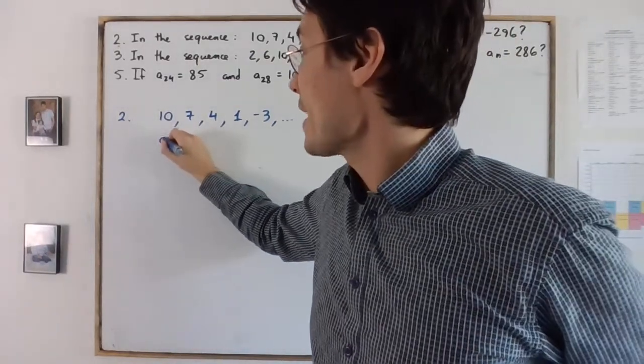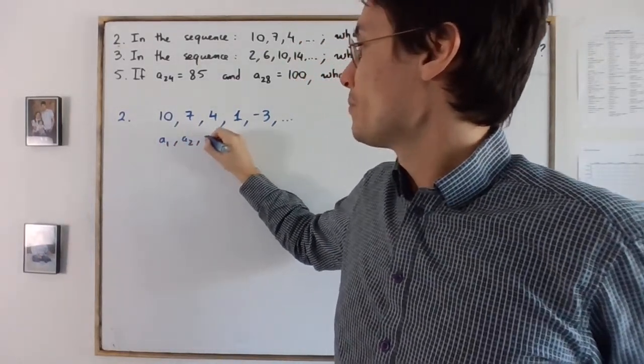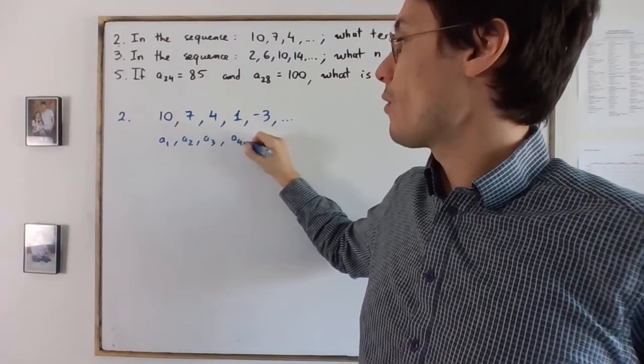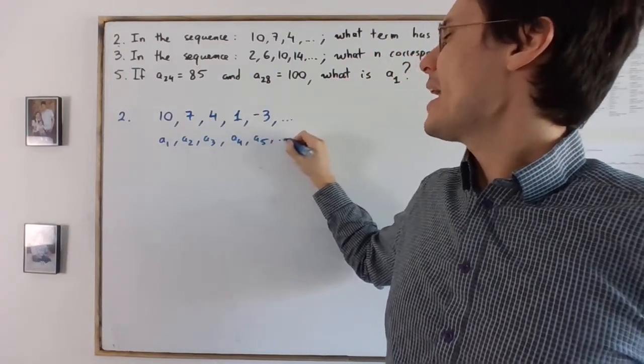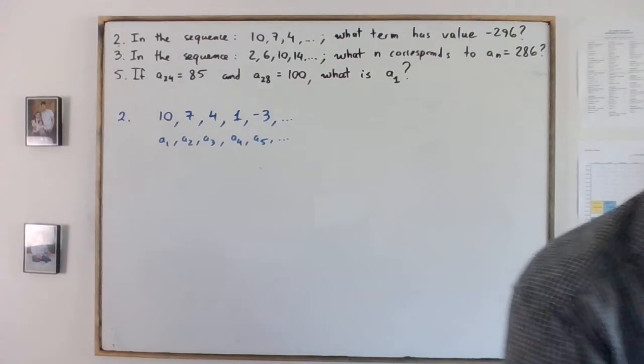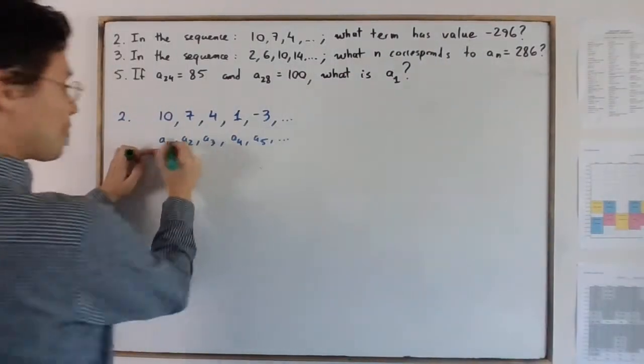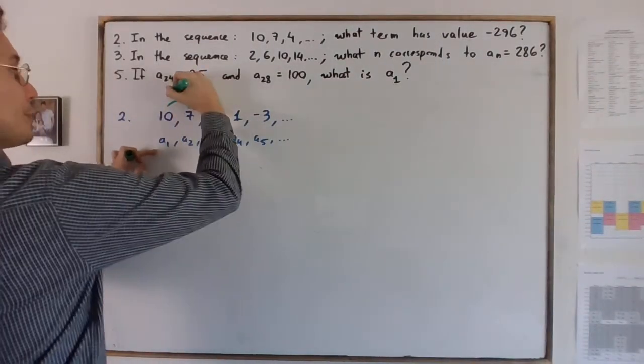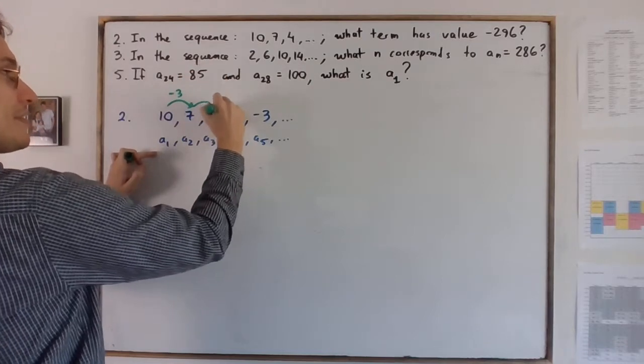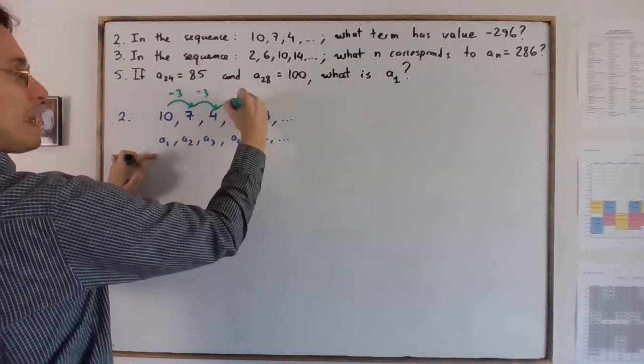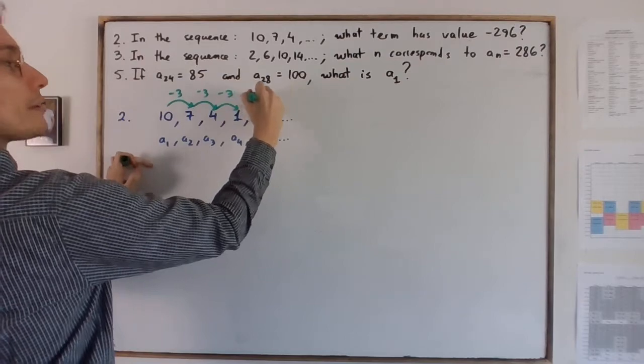So you have here A1, A2, A3, A4, A5, and so on. And what you need to realize is that to go from A1 to A2, you're doing -3, then -3, then -3, and so on.